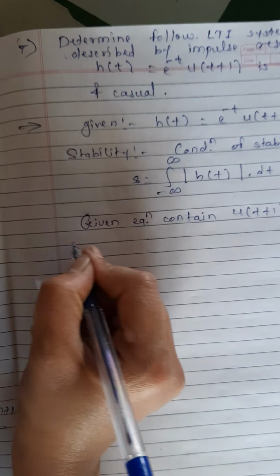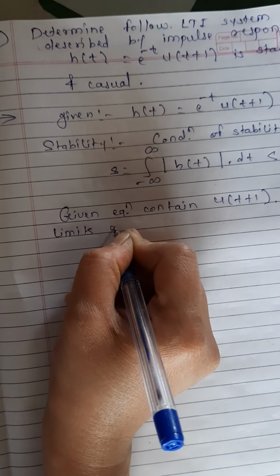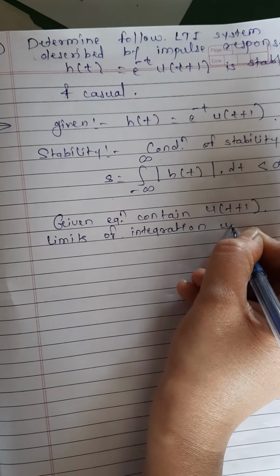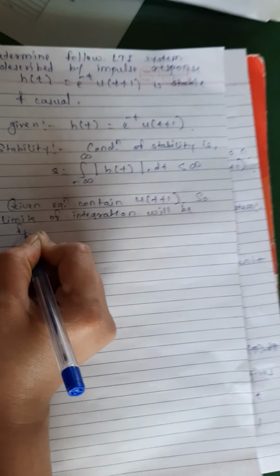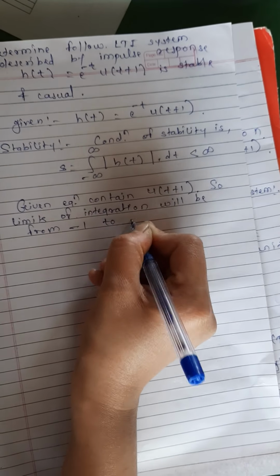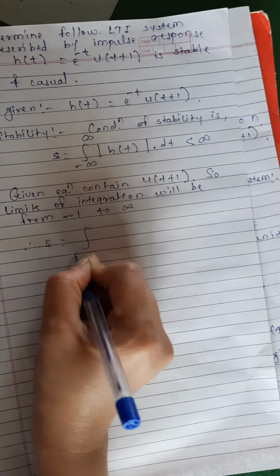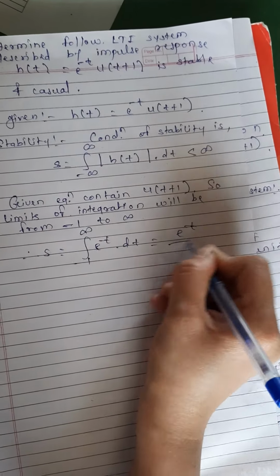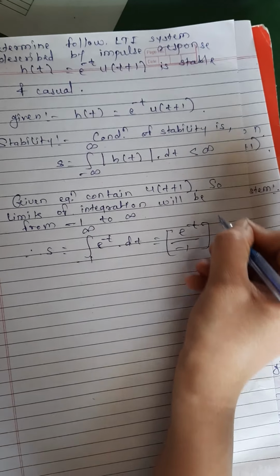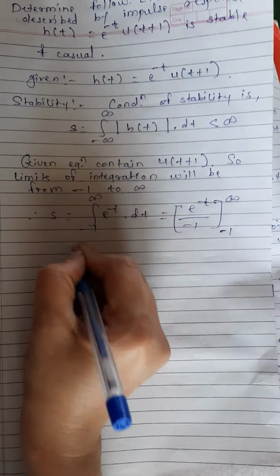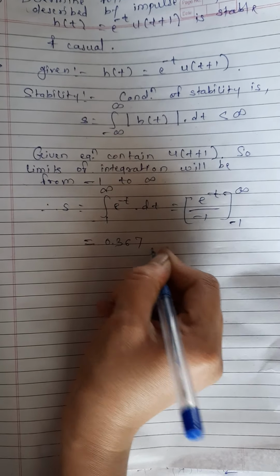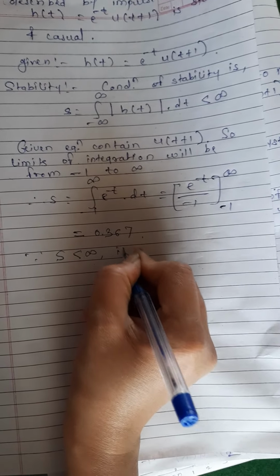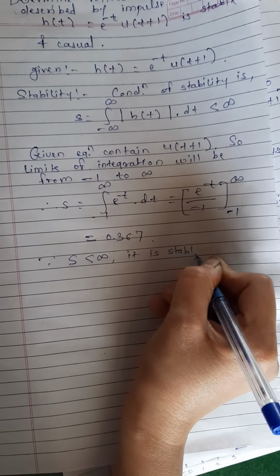So limits of integration will be from minus 1 to infinity. So s is equal to integration minus 1 to infinity e raised to minus t dt. It is e raised to minus t by minus 1, from minus 1 to infinity. So we solve this and we get the answer 0.367. Now since s is less than infinity, it is stable system.